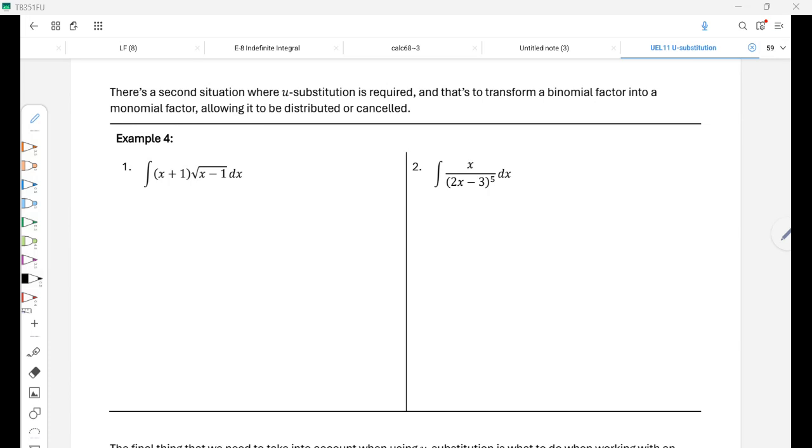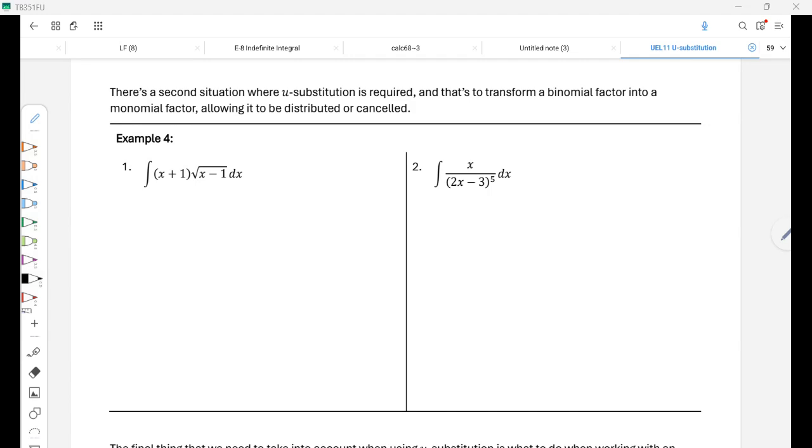Usually one of them is just a simple linear term, just x plus 1. And the other one has something being done to it, raised to a power. 2x minus 3 being raised to the negative 5th power. X minus 1 being raised to the positive 1/2 power.